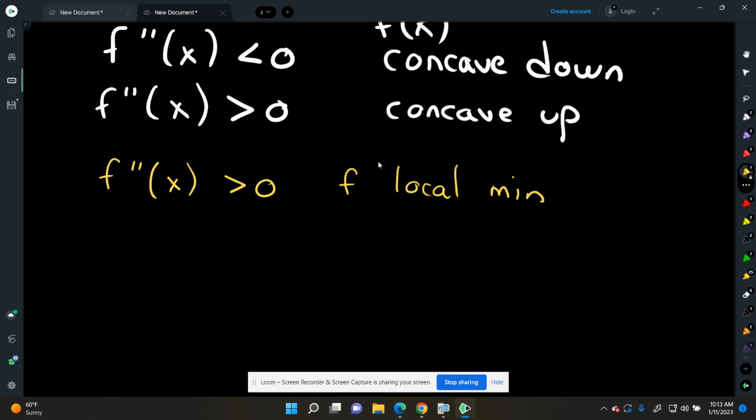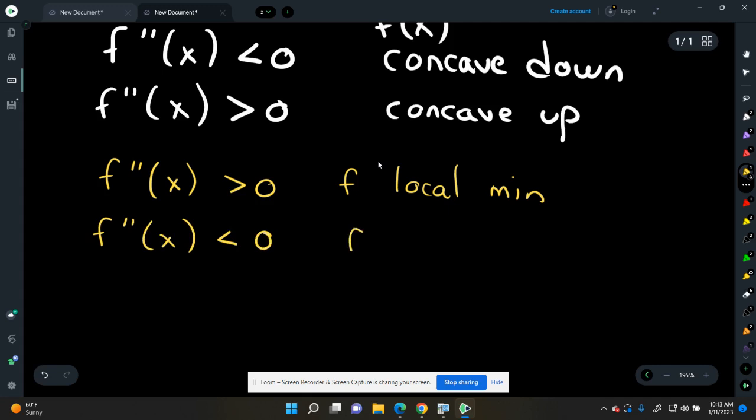In other words, it's concave up. Where it changes to concave up, it has a local minimum. This is the second derivative test. If it is less than 0, which means it's concave down, f has a local maximum.